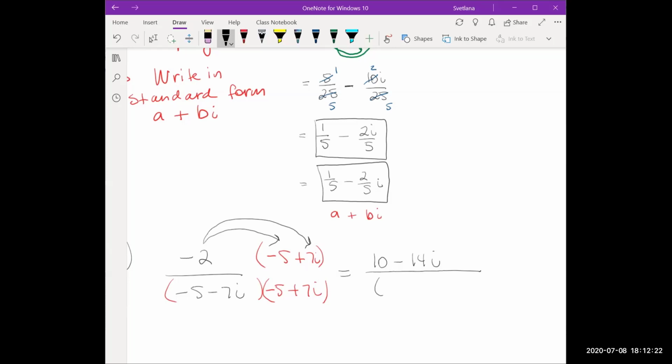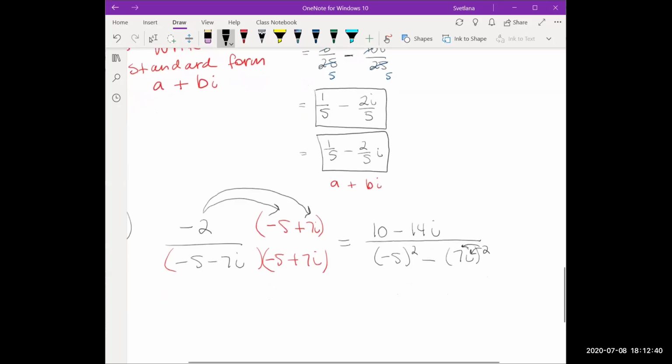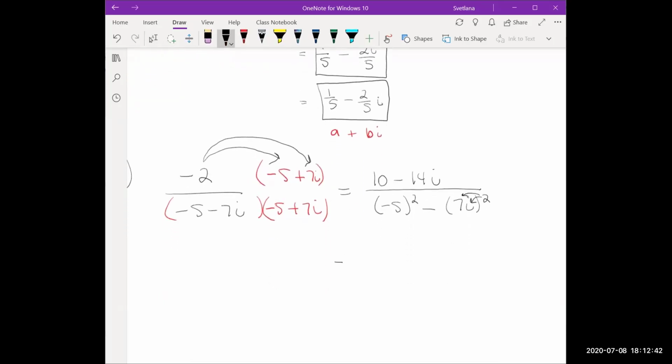It's taking the first thing, negative 5 squared, minus the square of the second thing, which is 7i squared. And I will need to apply the square to both 7 and i. Nothing to do in the numerator, right?